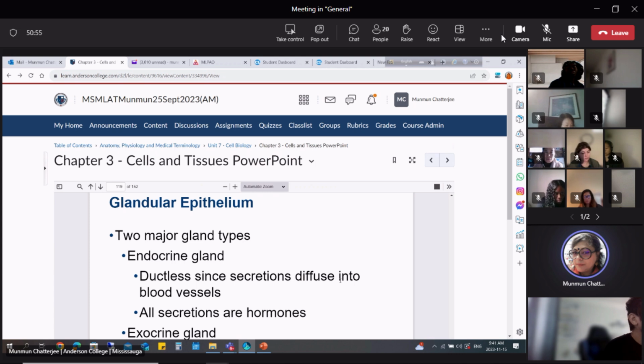Endocrine glands don't have a duct to pour their secretion to the point of interest where they need to function. What they do is deliver their secretion into the blood directly.